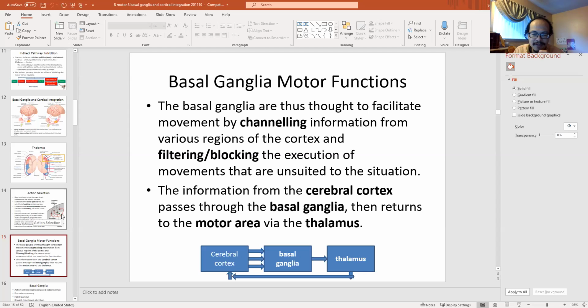Even though you thought you were thinking, you actually are not thinking. You are basically driven by what? Driven by the basal ganglia. Basal ganglia chooses it for you.